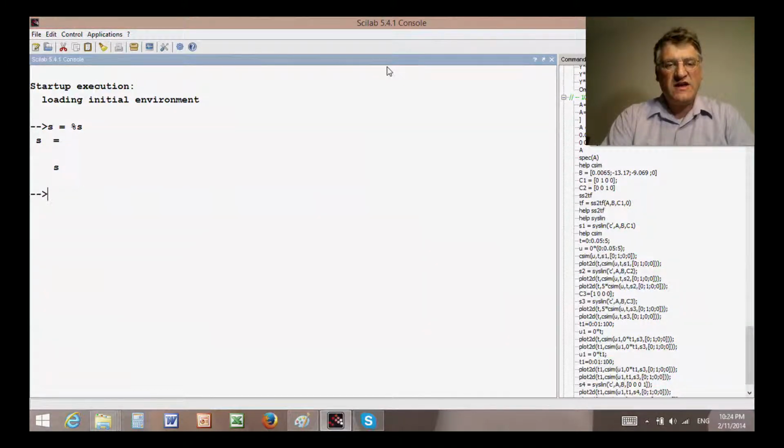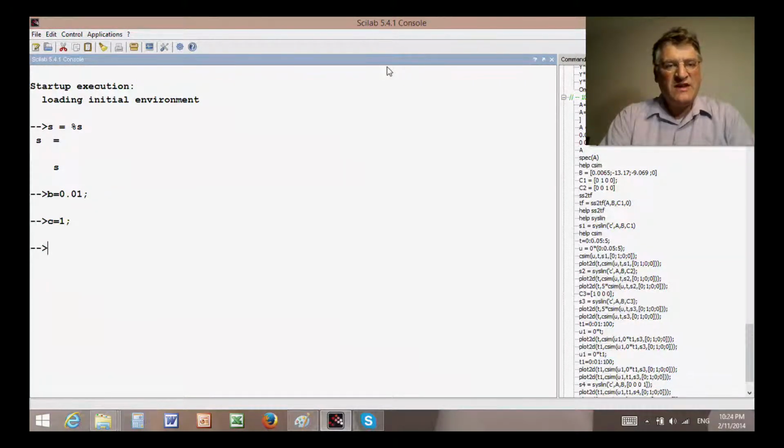So we're going to define b and c, rather. The value of b is 0.01, and c we will define as 1 for now.